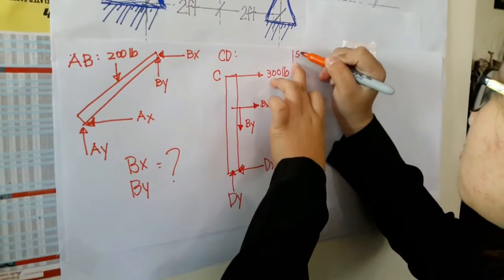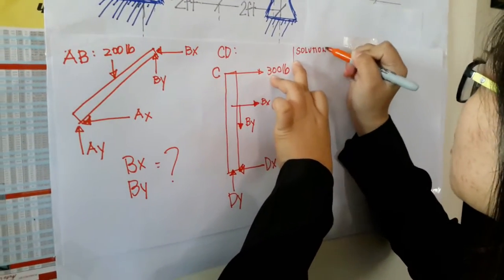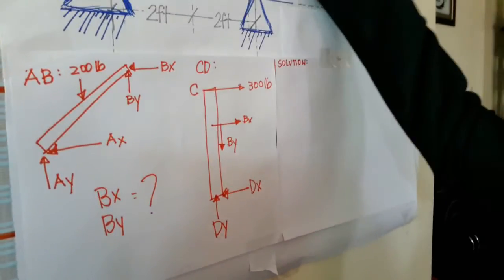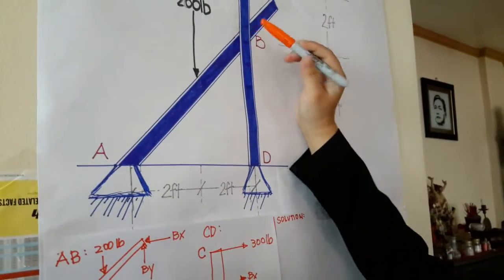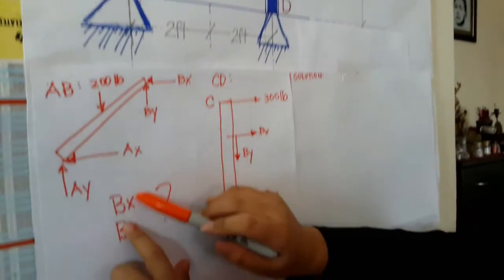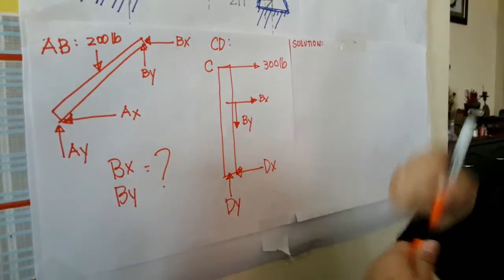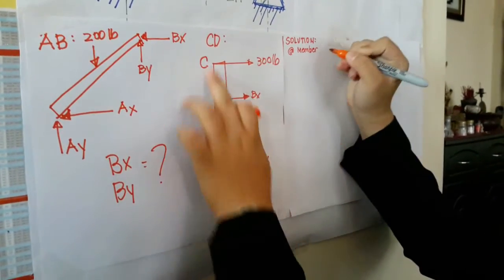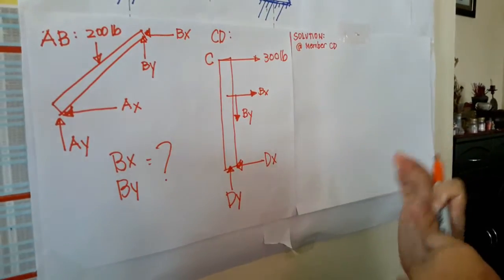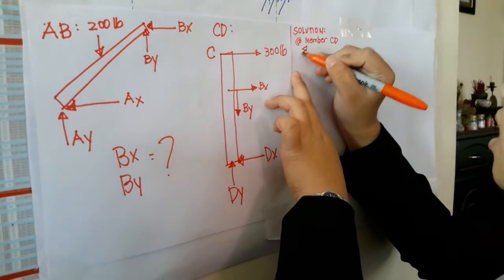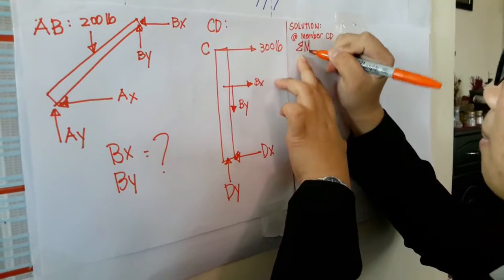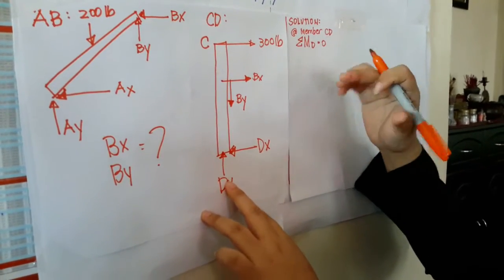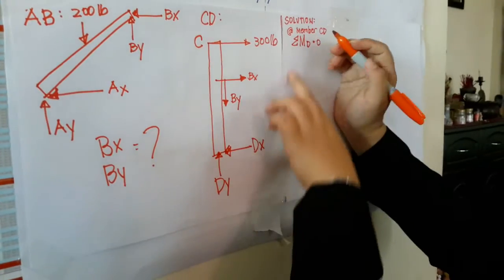For the solution, it's stated in the problem that we should get the reaction at B. So we're going to find the Bx and the By components. Let's start with member CD. At member CD, we take the summation of moments at point D equal to 0 because it's in equilibrium, or stationary.